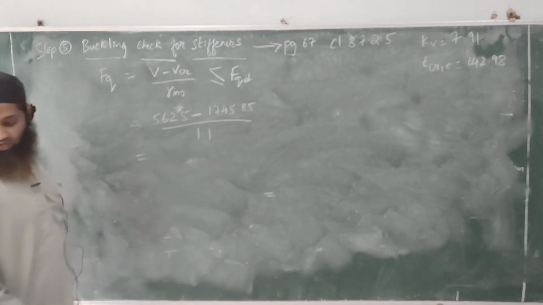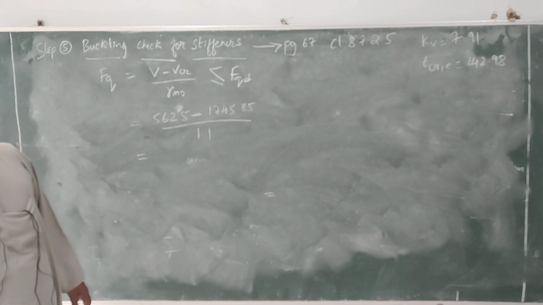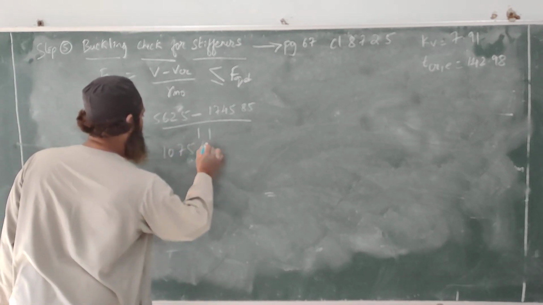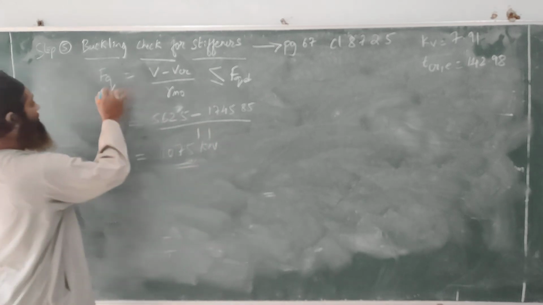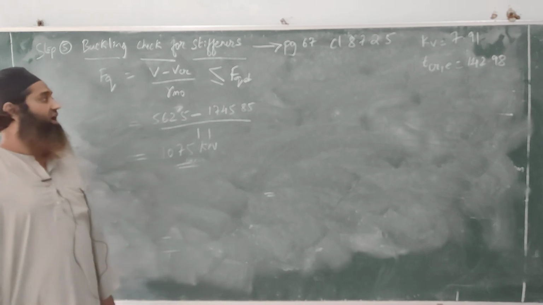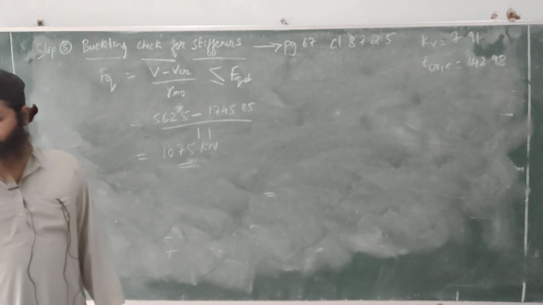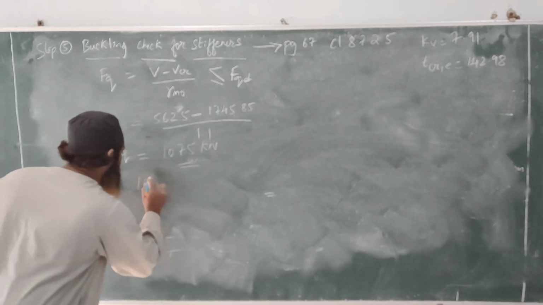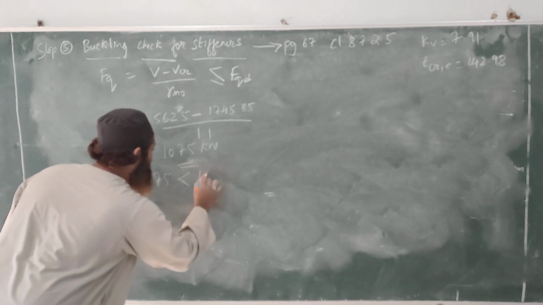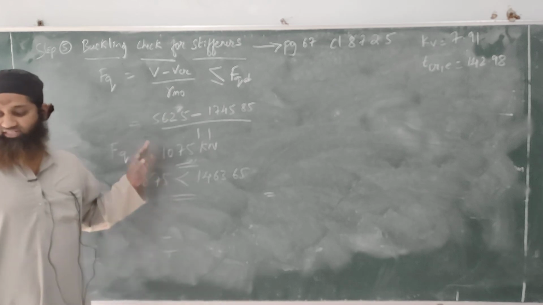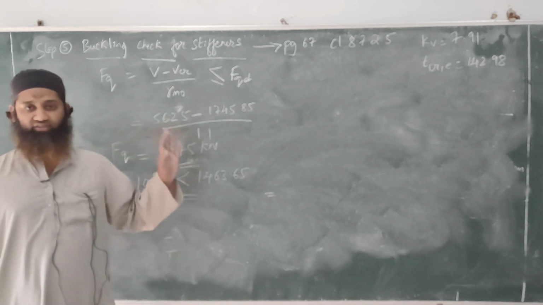So this value I am getting as 1075 kilonewton. This is the value I'm getting as FQ. Now I'll have to check whether this is less than FQD. FQD value I had got as 1463.65. This is FQ. So 1075 is less than 1463.65. Therefore it is safe. It is safe against buckling. This design is safe against buckling.